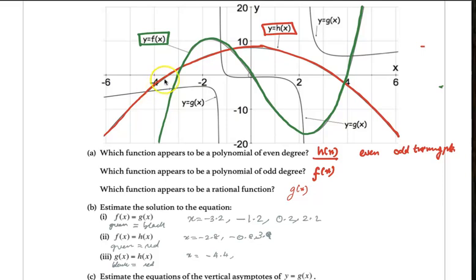Black is equal to red here at minus 1.2. So there are 2 solutions. It's not tough, but you have to see properly.